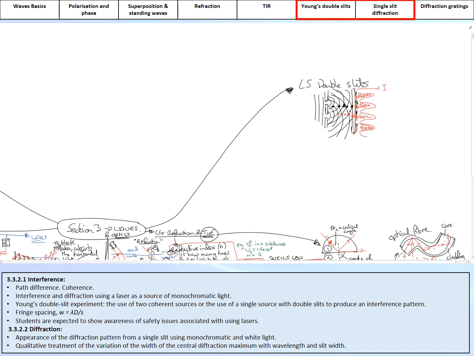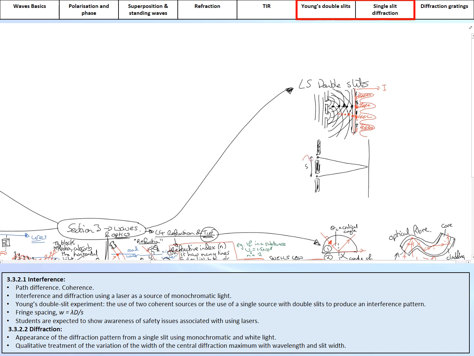So, if we redraw this, like so, here are our two slits with a slit separation S. If the two waves go straight through and reach the screen in the center, they both travel the same distance.